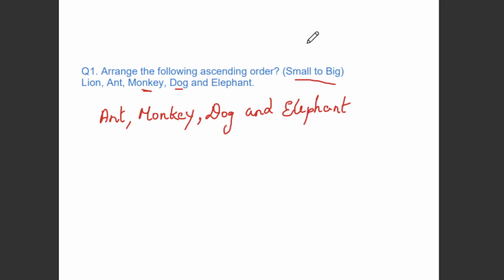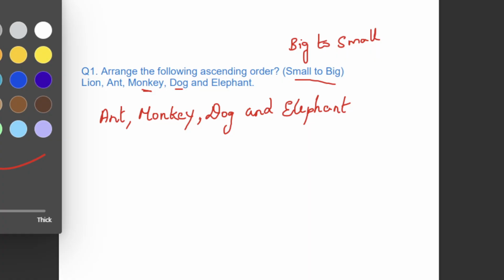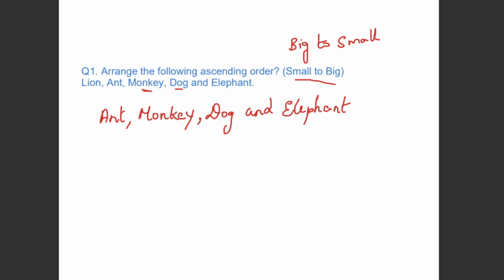So for example, now they are asking from big to small. In the exam, they may ask in descending order, big to small. So how do you select? Elephant comes first. I'll write in a different color. Next goes the dog, monkey.